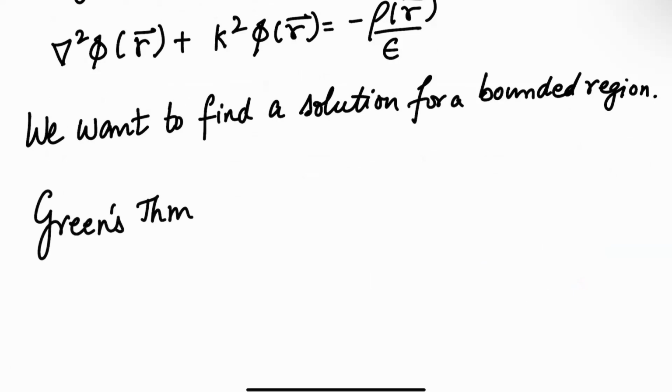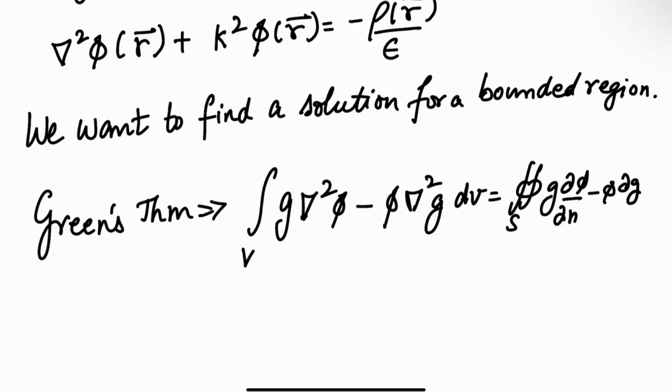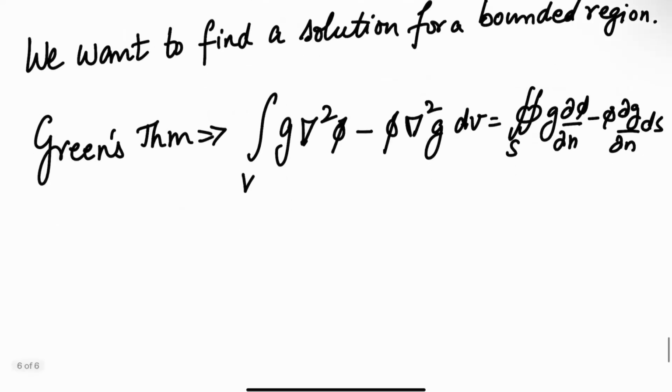Green's theorem implies the volume integral of G Laplacian phi minus phi del square G dV is equal to the closed surface integral of G d phi over dn minus phi dG over dn, dS.